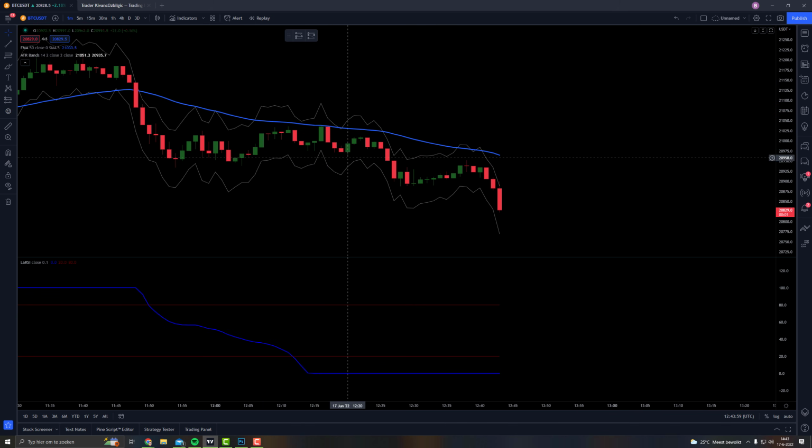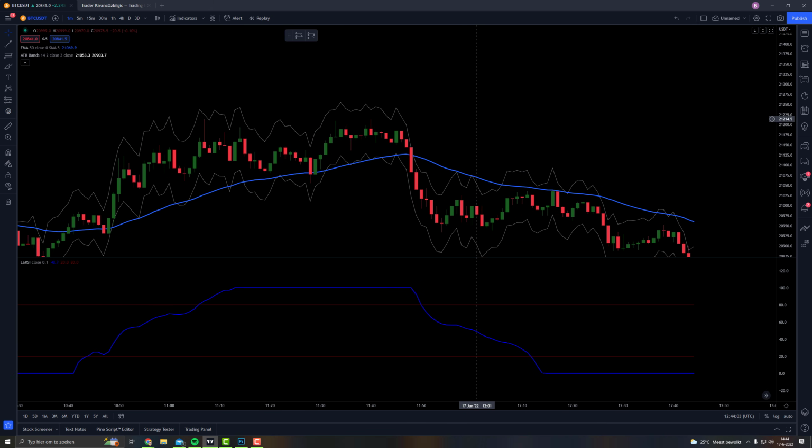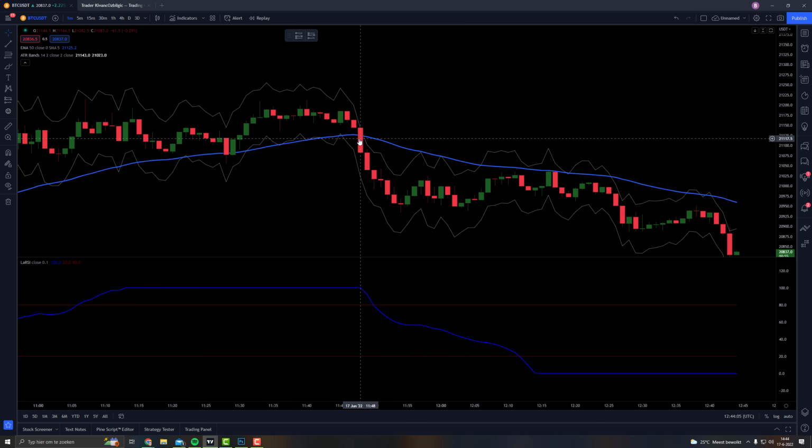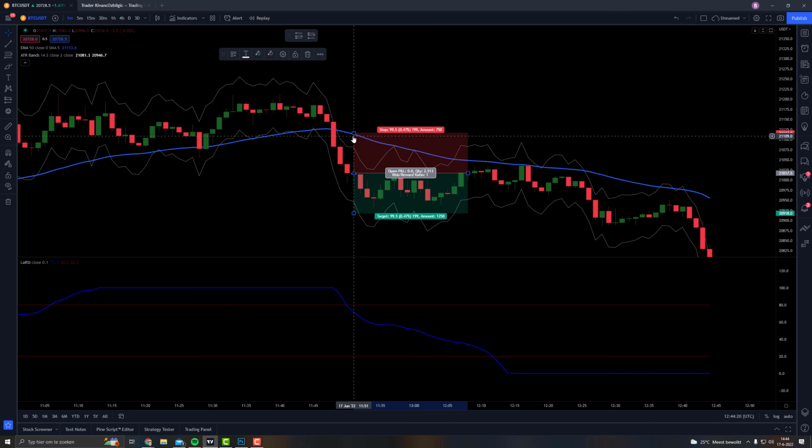And so when there is a short signal, we had one today right here on the 1 minute chart. The price is going underneath the 50 EMA, and right after the price drops here underneath the 80 level, we have a short signal. So that's gonna be after this candle closes.